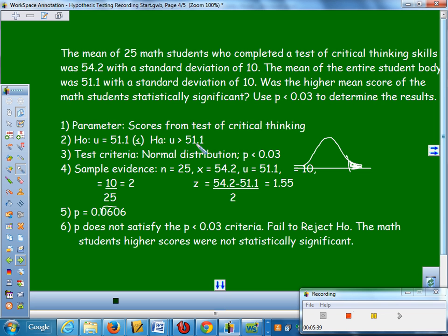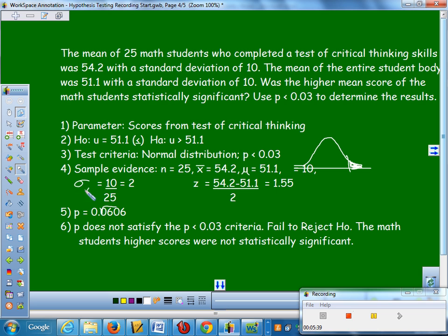They told you you'd sampled 25 people, that's N. The mean score, that should be X bar there, is the sample mean was 54.2. The population mean was 51.1.